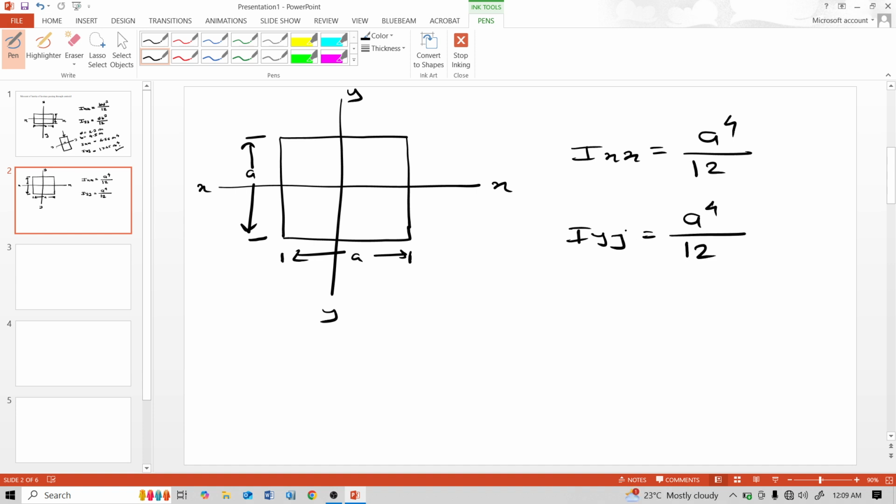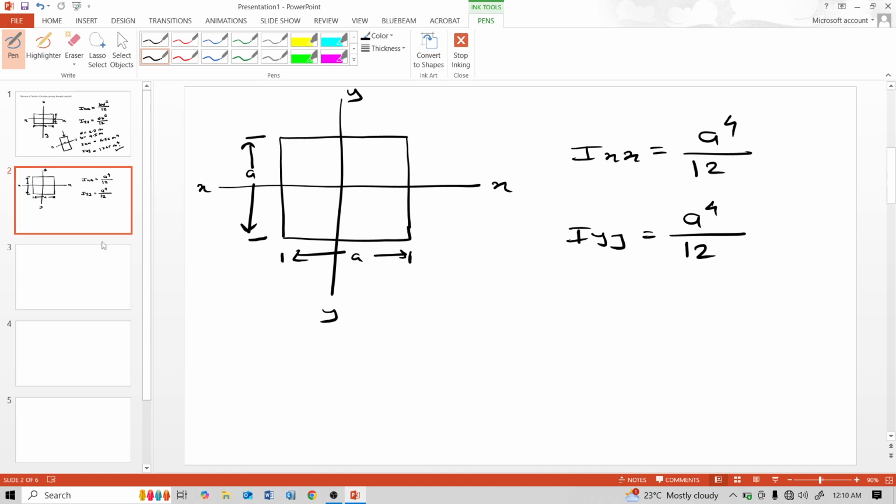So in square, moment of inertia about x axis and y axis is same, because cross sectional dimensions are also same.